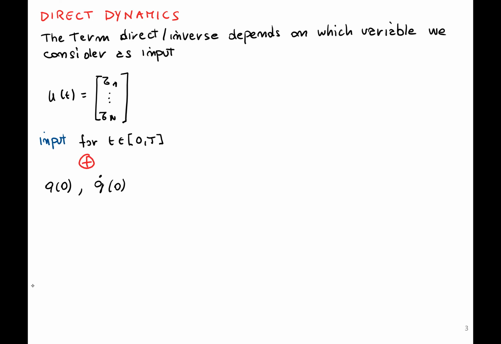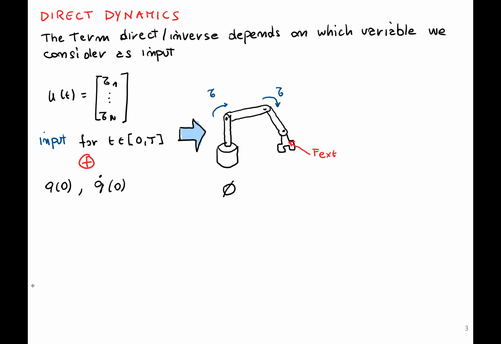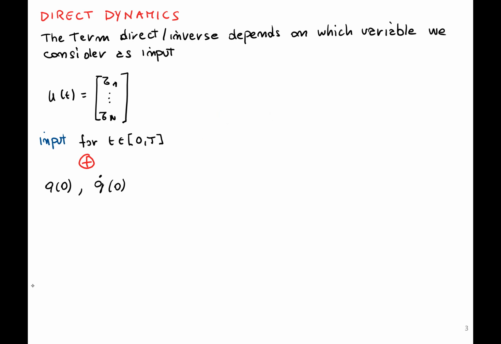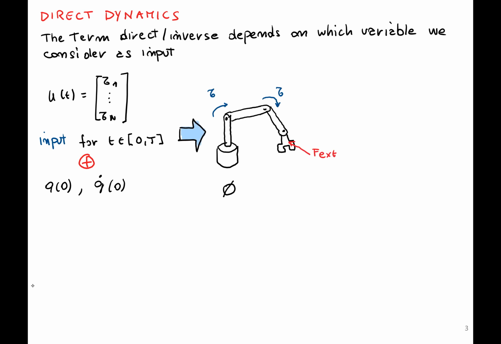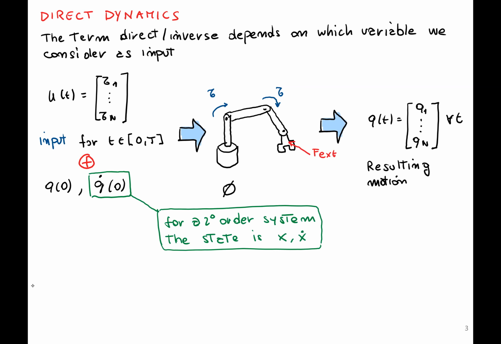We compute the motion given the pattern, and together with it we need to provide the initial state that contains not only the position but also the velocity, because we are talking about second-order systems. We saw that the state space equation has not only the position but also the velocity. By solving the differential equation of the model, integrating it, we can get the motion of the joints along this time interval.